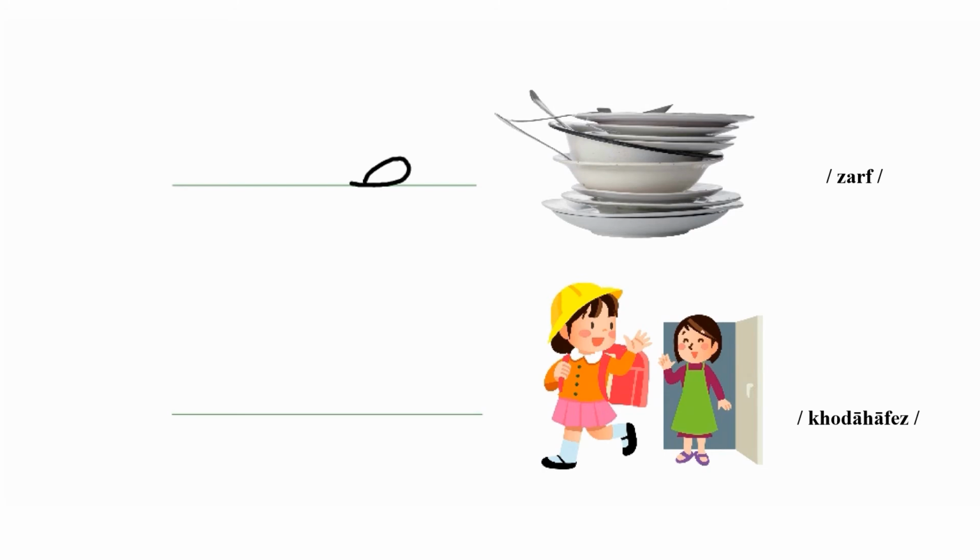So we write it like this. Za, then we have re, zar, finally f, zarf. Zarf is singular. When we want to make it plural, then we can say zuruf or zarfha.